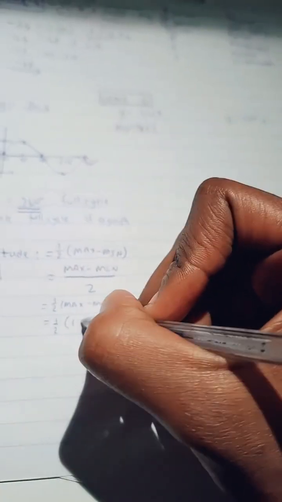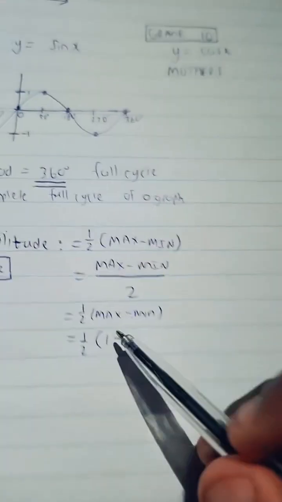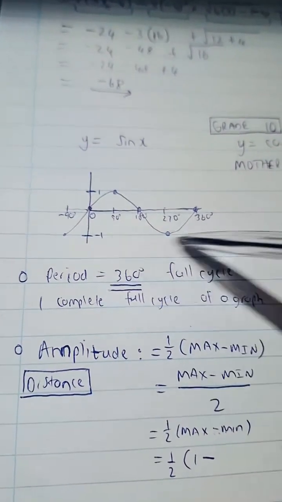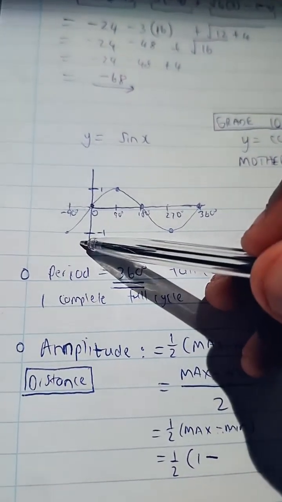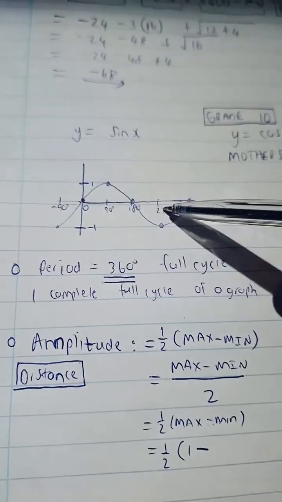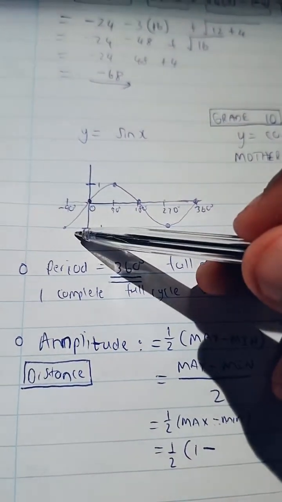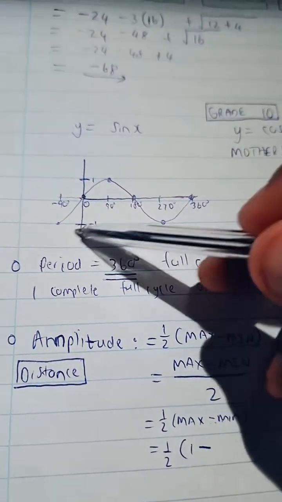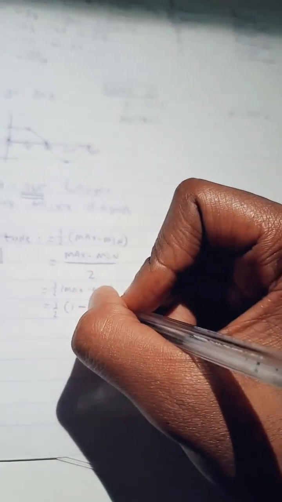So we say half of 1 minus, remember the formula already has a negative sign, the minimum, the lowest point that the graph reaches, which in this case is negative 1. When x is 270, the lowest y value this graph can reach is negative 1. So we say 1 minus negative 1.